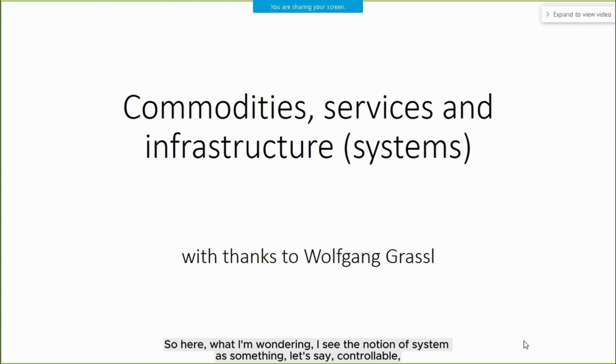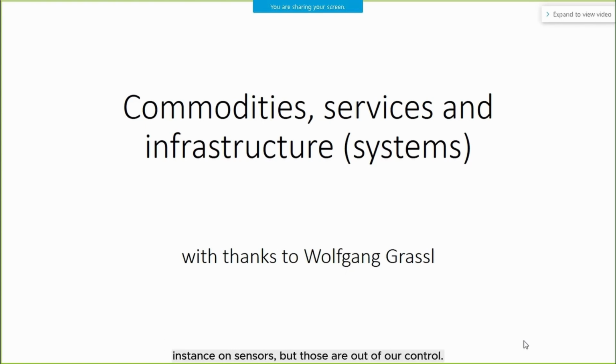What I'm wondering is, I see the notion of system as something controllable, whereas the environment includes, in our case, weather effects on sensors. But those are out of our control, so they are not in our notion of the system.